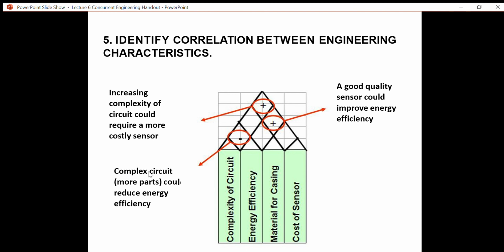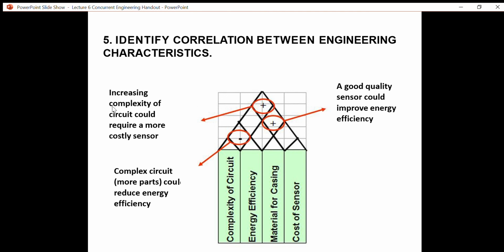Complex circuit, minus correlation here. With a complex circuit we use more parts, which could reduce energy efficiency. So complex parts have negative correlation with the energy efficiency. But for the complex circuit with the cost of sensor, more complexity will use the costly sensor, plus here.